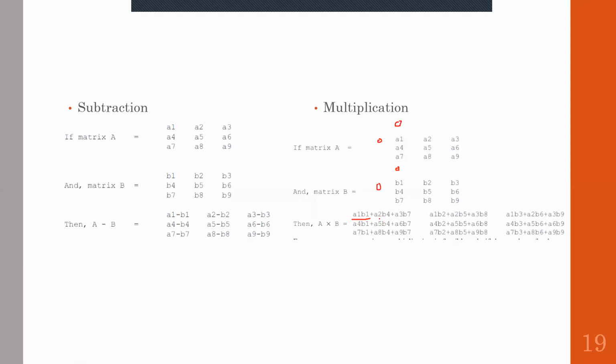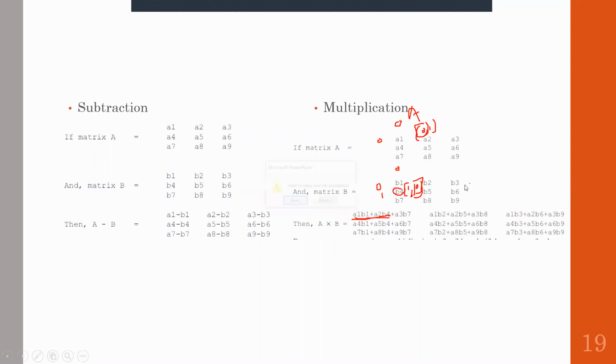Now we have to add A2 into B4. What is A2 B4? It is the 0th row, first column. Here you can see the row is not changed for A, but the column has to be changed, and we need to multiply that with B4. This is the first row, 0th column. For B, the column is not changed, and this result will be added to the previous case.